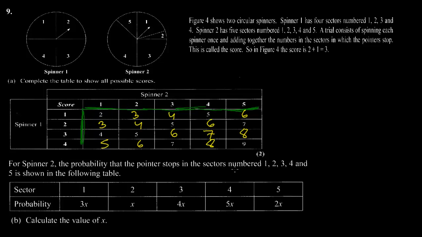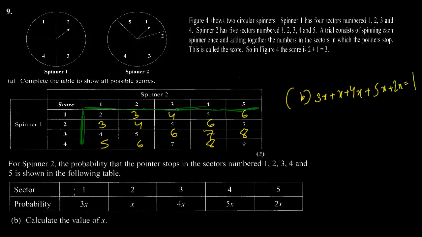Now what we have to do is find the probabilities of getting a total of 1 or 2 or 3 or 4. For spinner 2, the probability that the pointer stops in each section is given here. This is pretty straightforward because you know that the total probability is 1. So if you want to find the value of x, you can write 3x plus x plus 4x plus 5x plus 2x equals 1.